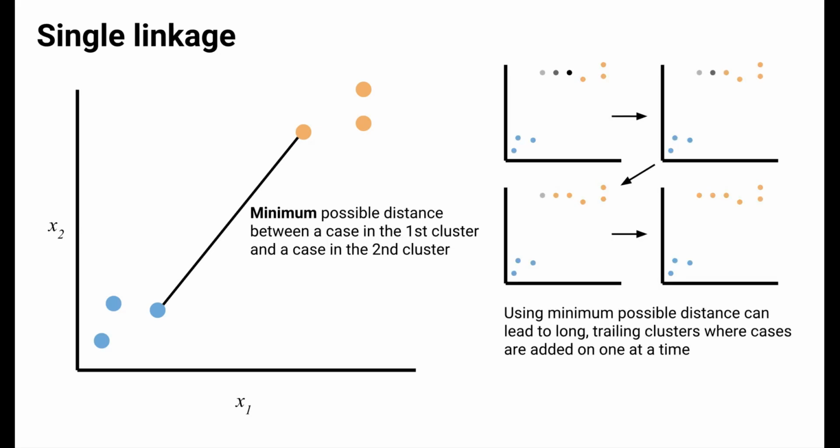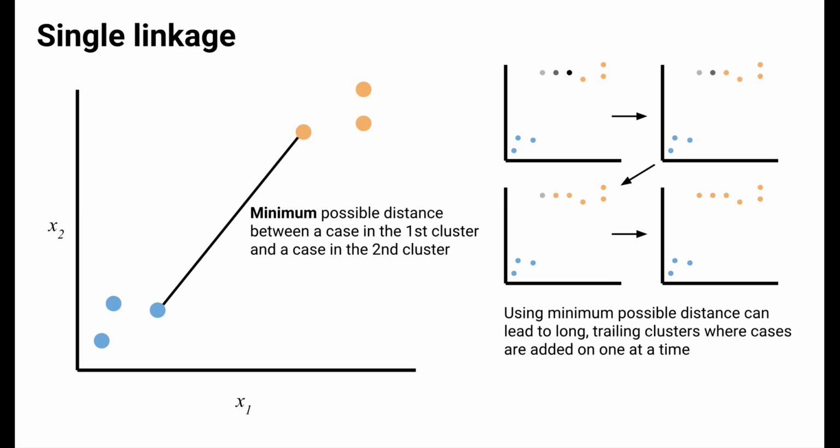A frequent pattern that arises with single linkage is that it tends to create very long trailing clusters. What this means is that if we look at the situation on the right, we see that the 3 black-gray cases that aren't put into a cluster yet frequently get tacked on one by one.